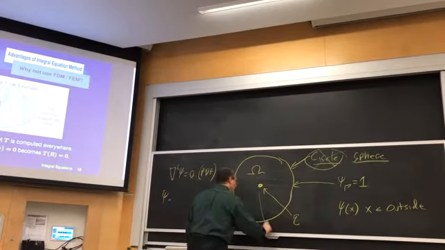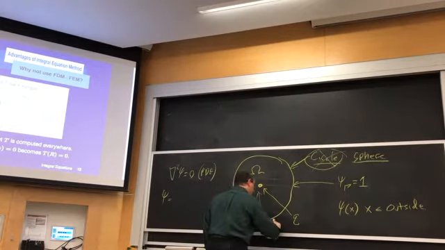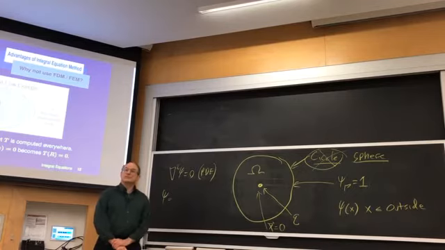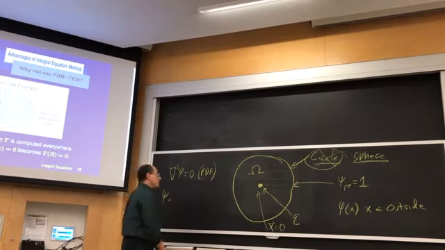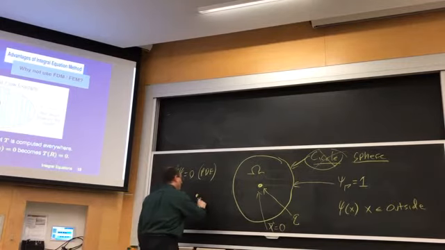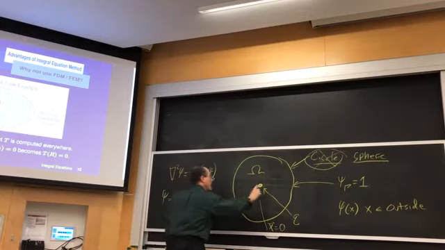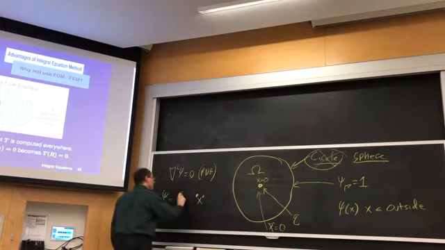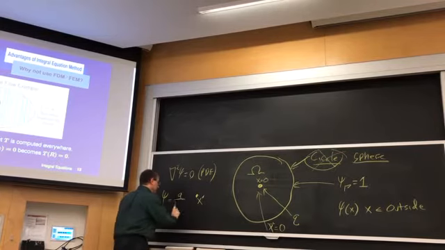Let's call this position x equals 0. What's the potential due to that charge? It goes as 1 over the distance away from the charge. So if I have a position x prime, and the charge is at x equals 0, then this potential is q over what?